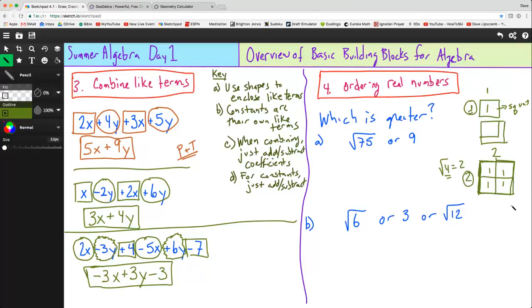This whole thing is 4. Now let's look at a box that has a size of 1. Well, if we have a box that's between these two sizes, we're going to have a square that's 1 here, and all the rest of this is going to add up to 1 more.